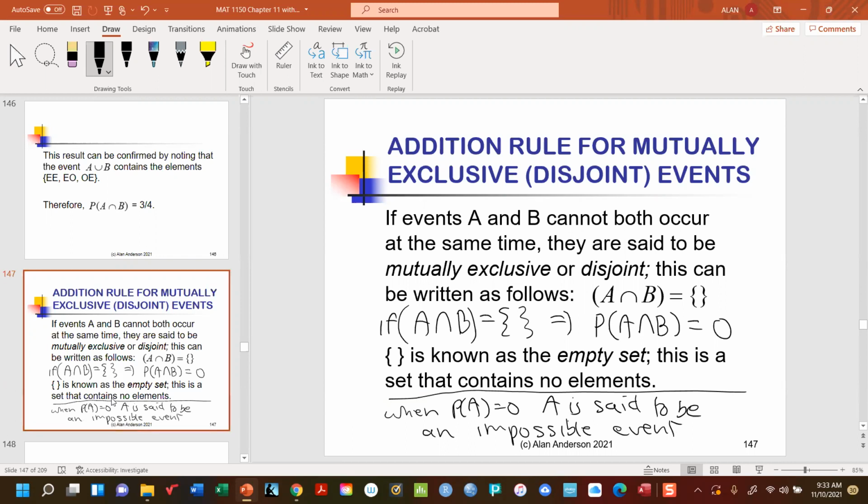So just a quick example, if A represents all the even numbers and B is the odd numbers, the probability that a number is both even and odd is 0, because that can't happen. So when you see two mutually exclusive events like this, the probability of them both being true is equal to 0 because they have no elements in common. All right, so again, we think of this as an impossible event.